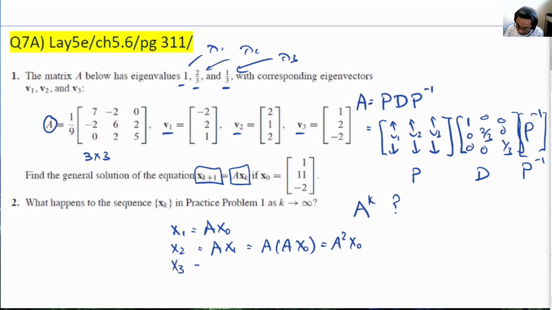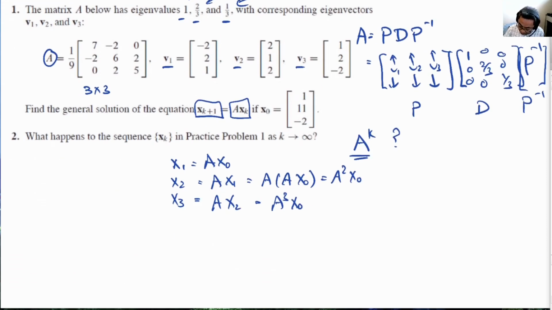And now you see the pattern: x of 3 equals A cubed x of 0. Therefore we are interested in A^k.